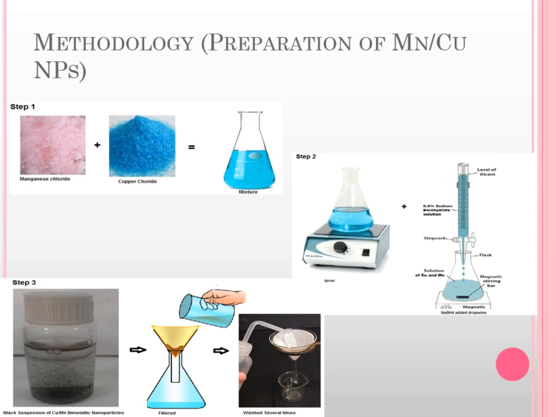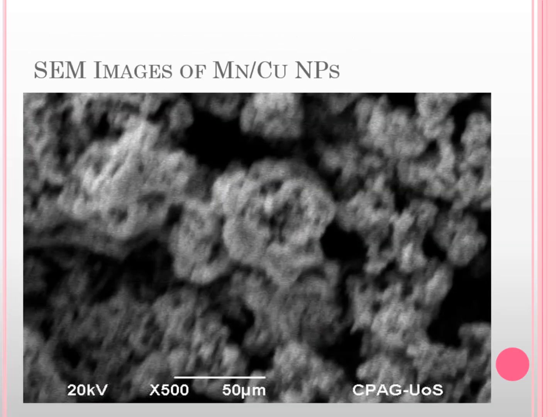Then finally, after 2 hours of stirring, black particles were observed, and these particles were the bimetallic nanoparticles of manganese and copper, which were then filtered, washed several times, and finally dried in the oven.